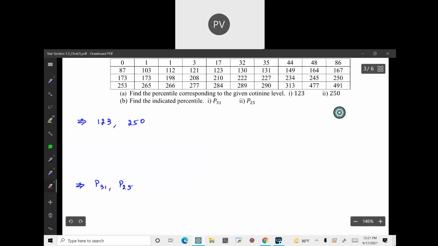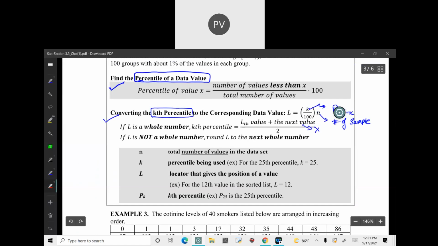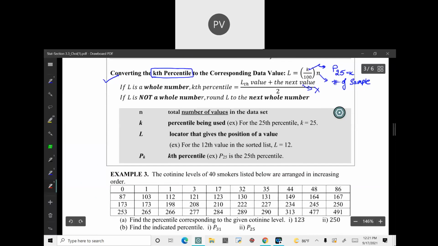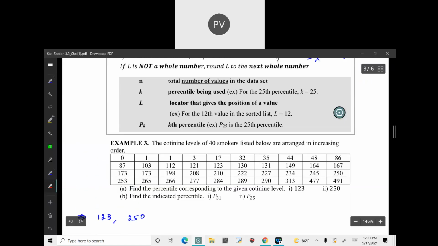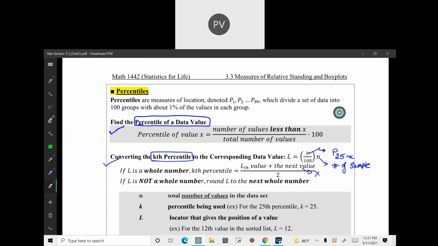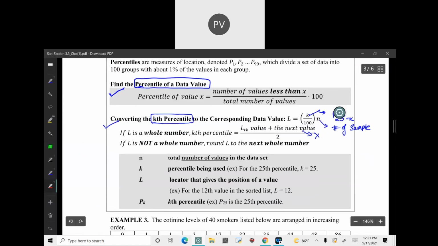To calculate a percentile, the formula is data value divided by total number of values.